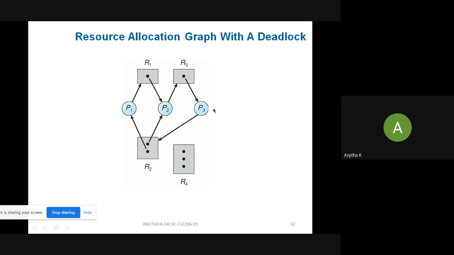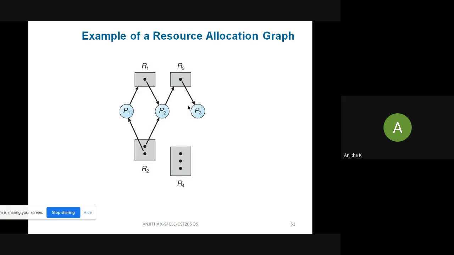So here the three processes P1, P2, P3 are in a state of deadlock. Okay, it is a deadlock because everyone is waiting for another resource. Okay, so these three processes are in a deadlock state. So this is the case of a resource allocation graph with a deadlock.